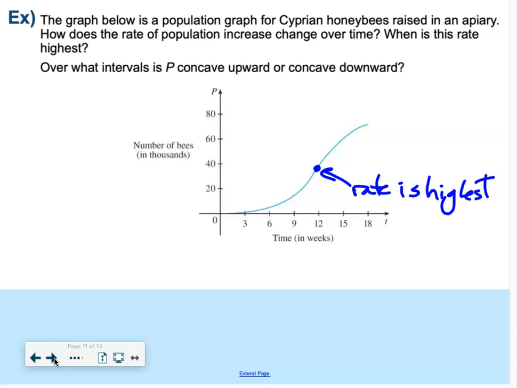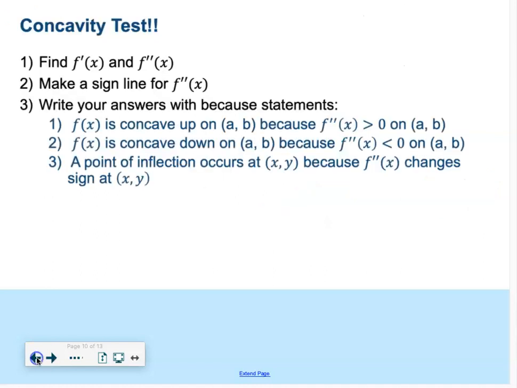It's time to learn our second test of the day, which is the concavity test. So now we're talking about finding where the rate is increasing and where the rate is decreasing, which means we need to figure out the slope of the derivative. So if we have to find the slope of f prime, we're using f double prime.